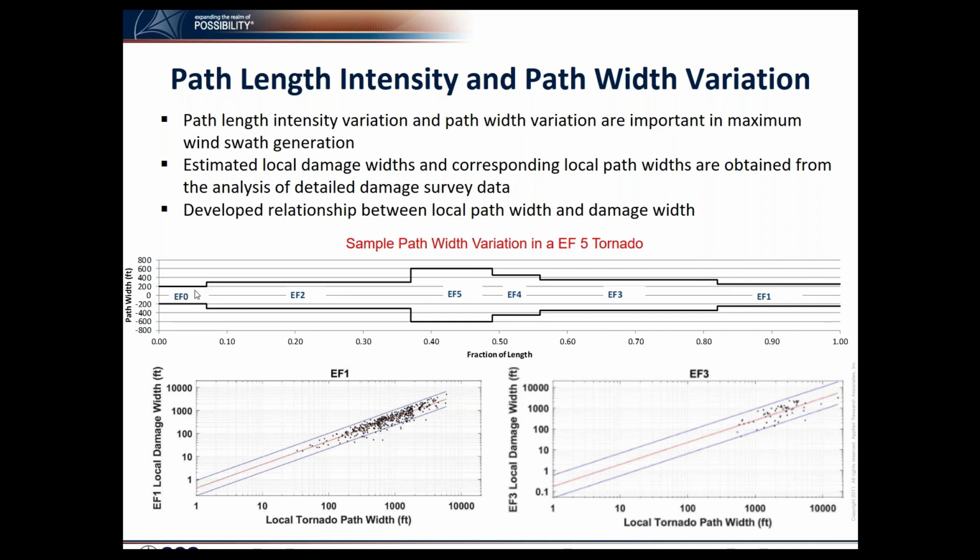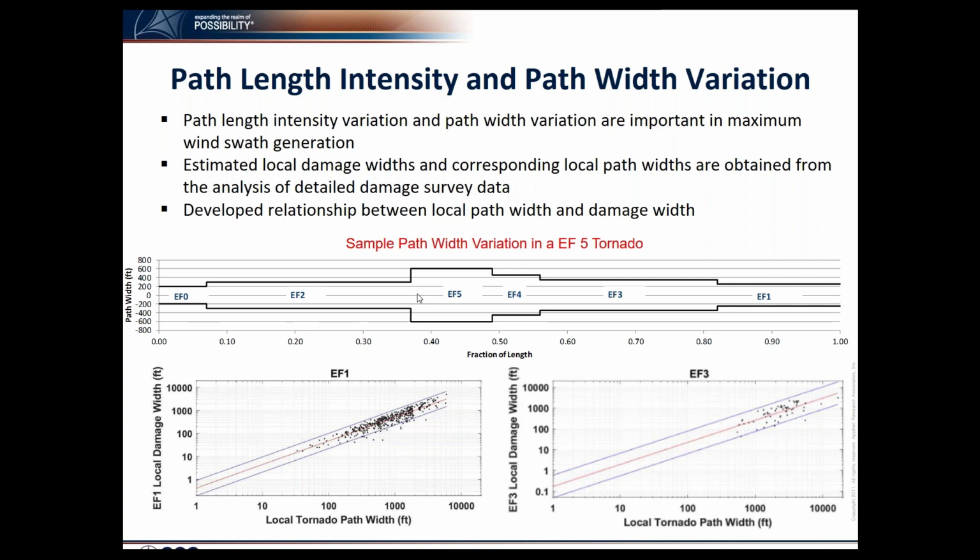For each sample tornado catalog, we used the EF scale wind speed to sample wind speed in each of these segments, and then spline fit the wind speed to provide a smooth transition from segment to segment.